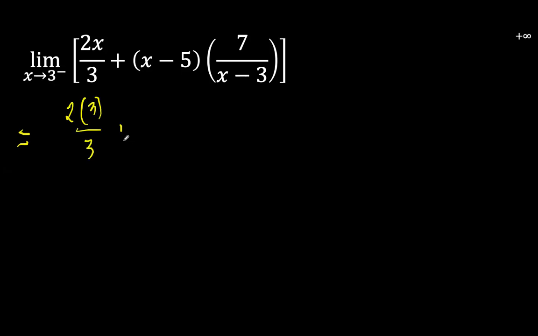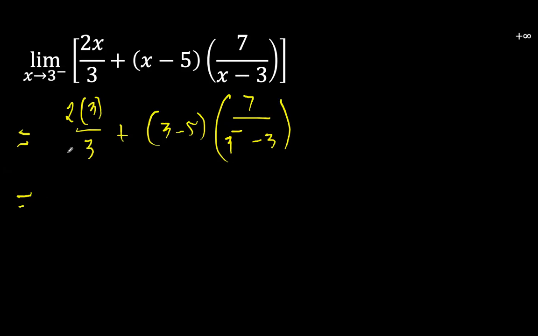3 plus 3 minus 5 times 7 over, and here, 3 minus 3, all the values from the left of 3 minus 3. Now, I wrote 3 from the left here since the denominator would result in 0.